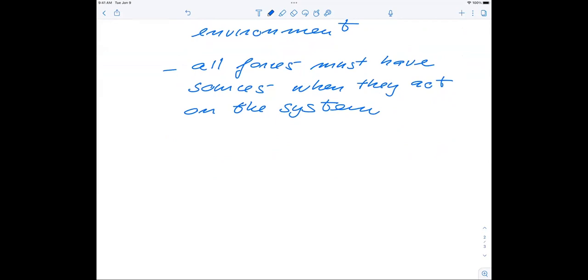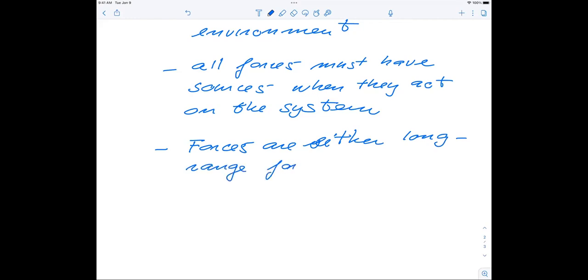Then one of the other things which we have is that forces are either long-range forces or contact forces.